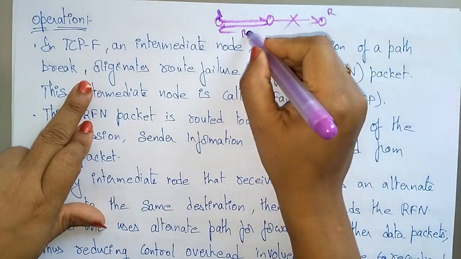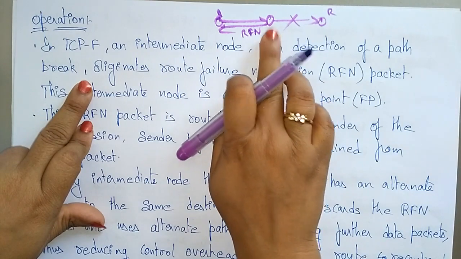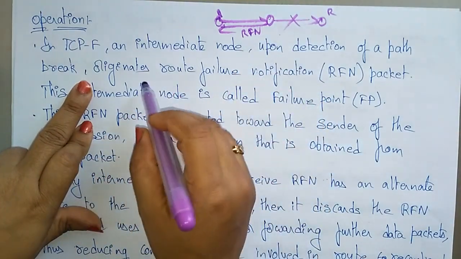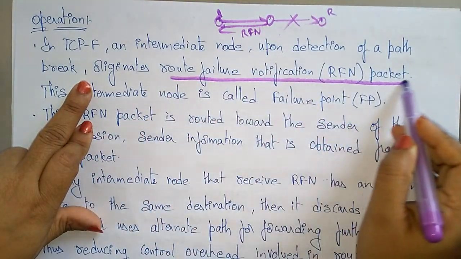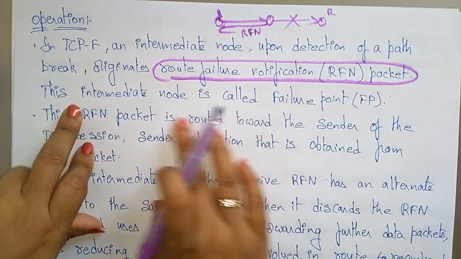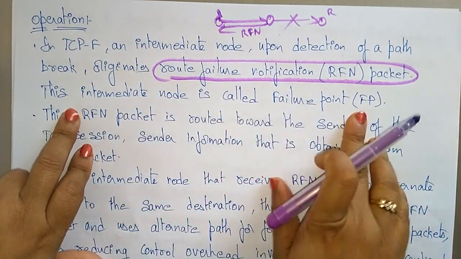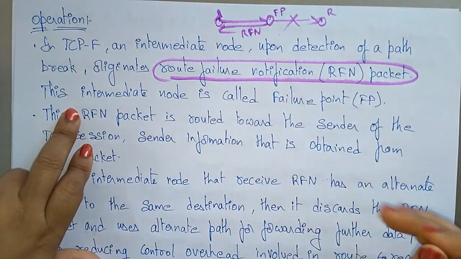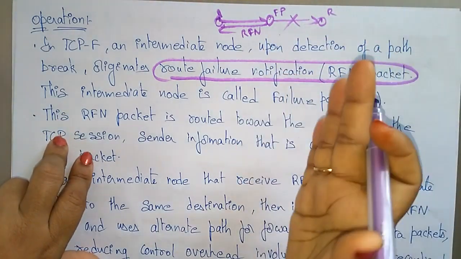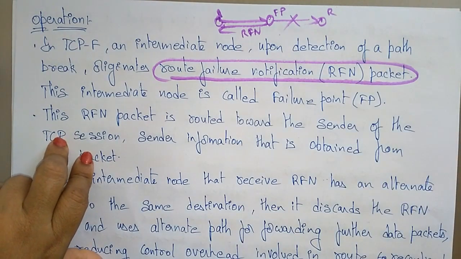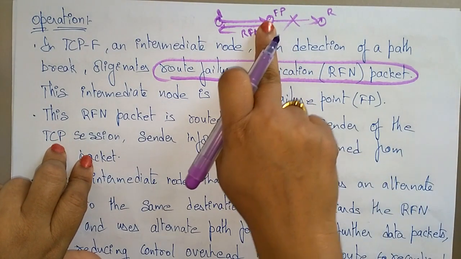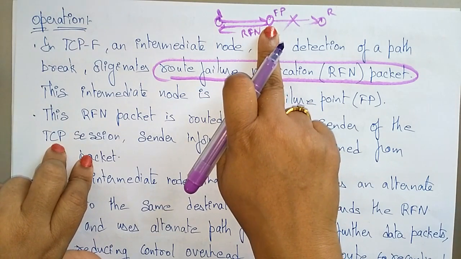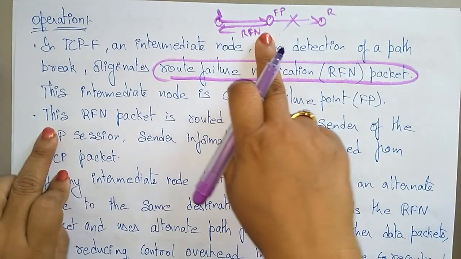So the intermediate node originates a route failure notification packet. This intermediate node is called the failure point, because from that point the packet could not reach the destination.